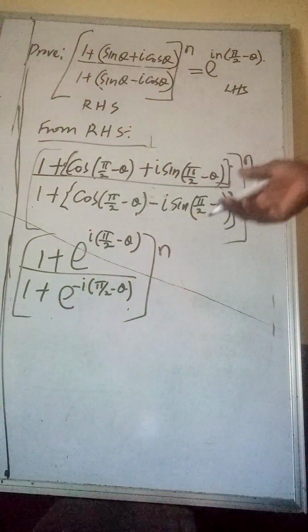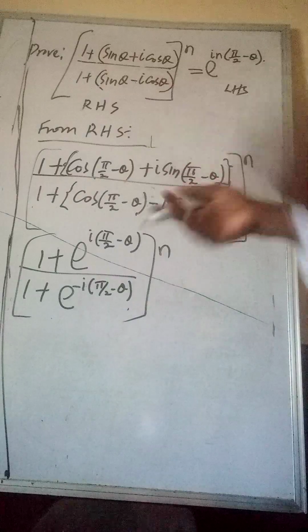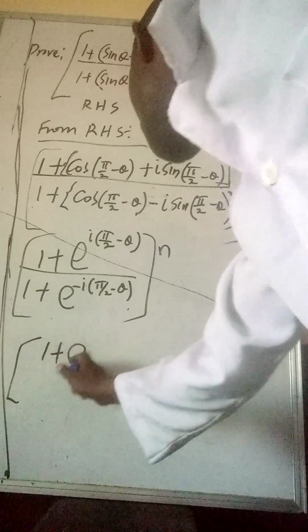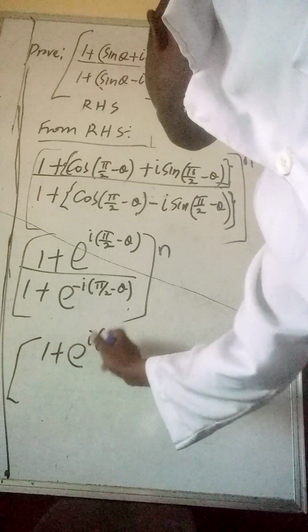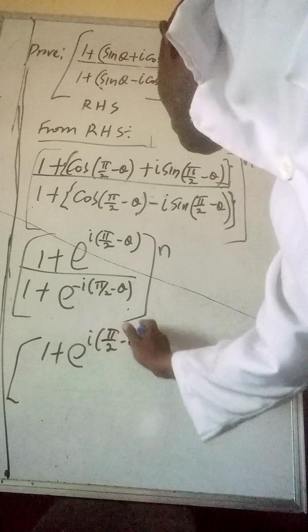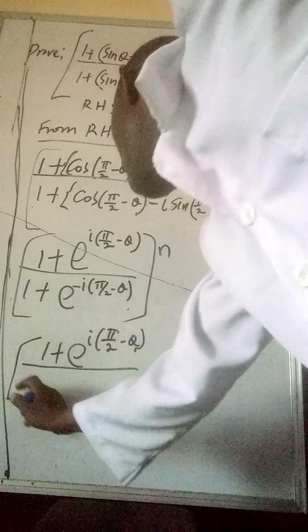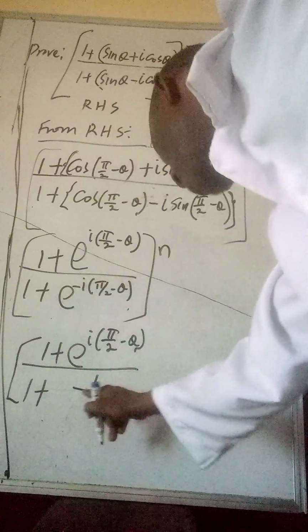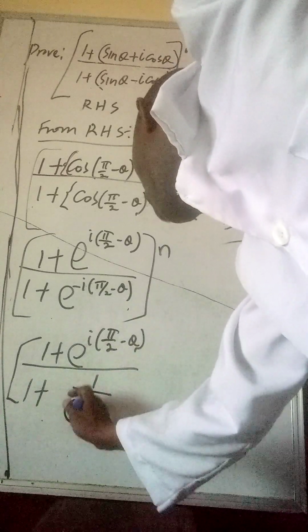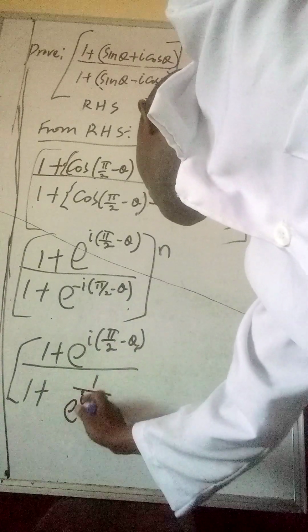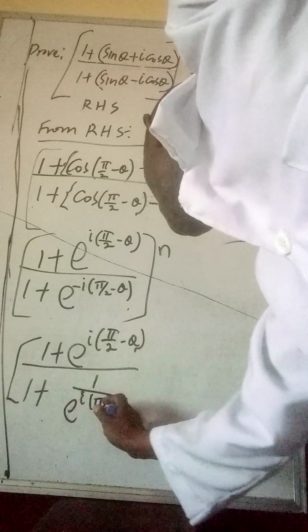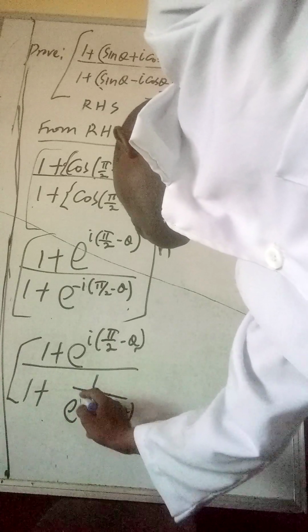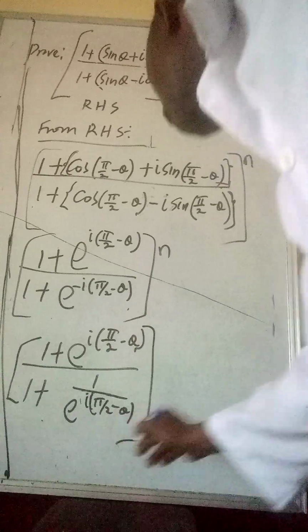You are applying what do we call it? Indices. That means I'm going to have 1 plus e to positive i into bracket pi over 2 minus theta all over 1 plus 1 over, this negative has become 1 over, then I will now have e to positive i into bracket pi over 2 minus theta. Bracket close to power n.